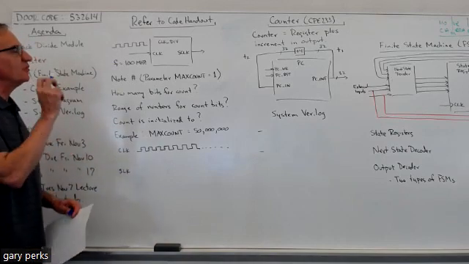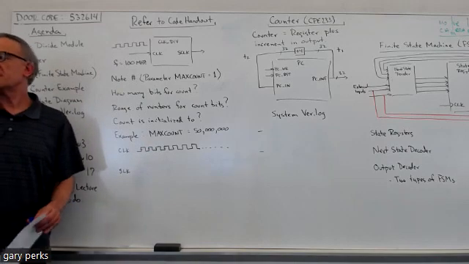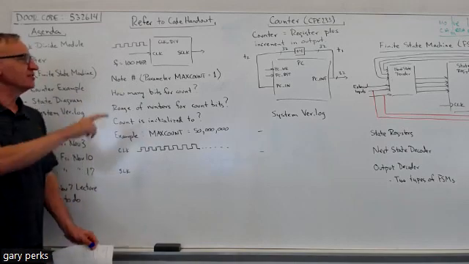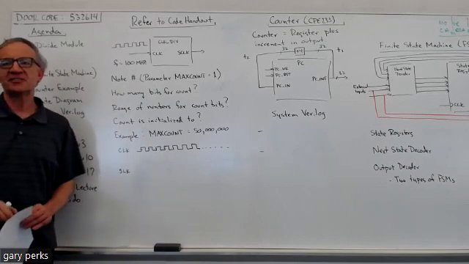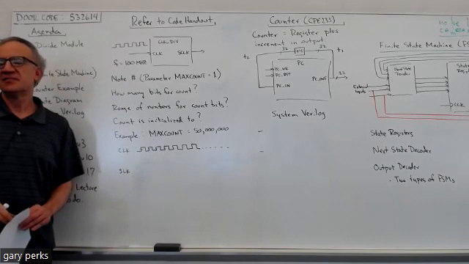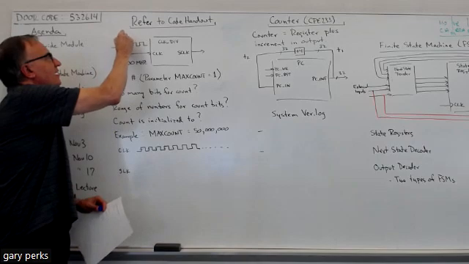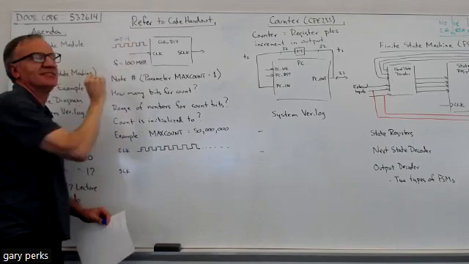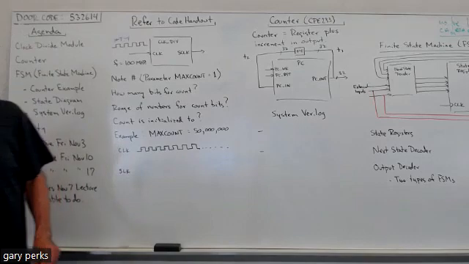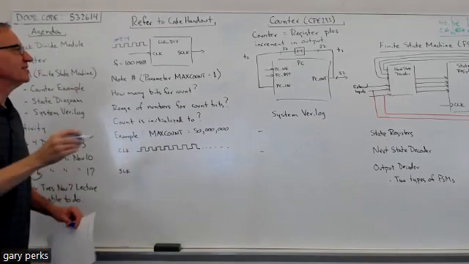And we've also talked about this last time. What's the period of something that's at 100 megahertz? One over the frequency. And what did that come out to? 10 nanoseconds.